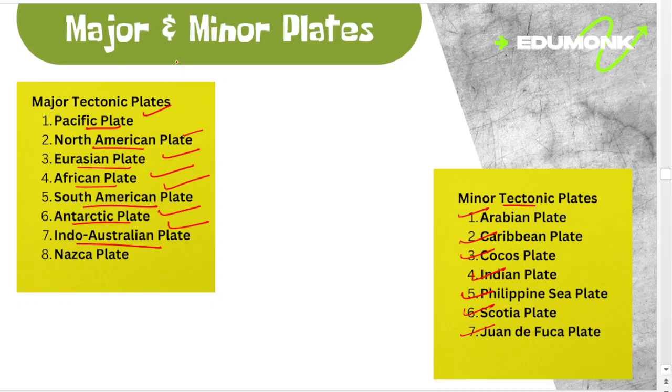The Antarctic and surrounding oceanic plate is surrounded by the diverging boundary. Then the Pacific plate is a true oceanic plate. The Arabian plate we can see mostly in the Saudi Arabian landmass. Then we can see the Caribbean plate here.